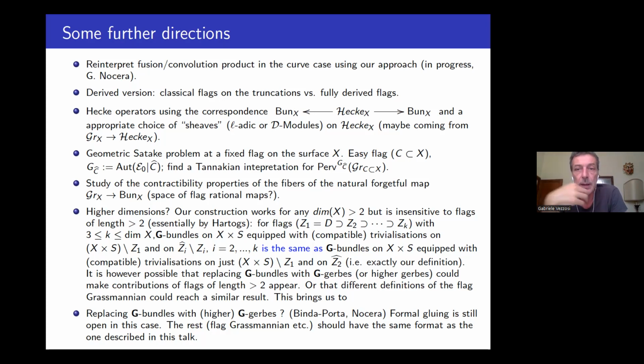So you choose a class of kernels, and maybe this class of kernels, like in the geometric Langlands case, could come from the Grassmannian, which is inside the Hecke stack.